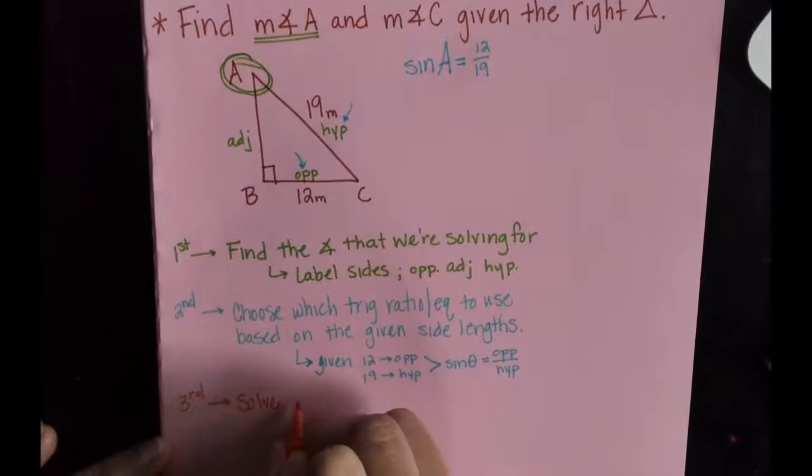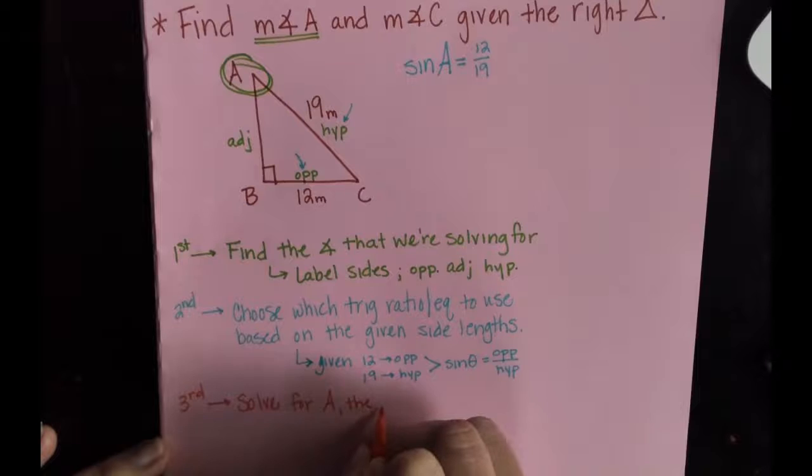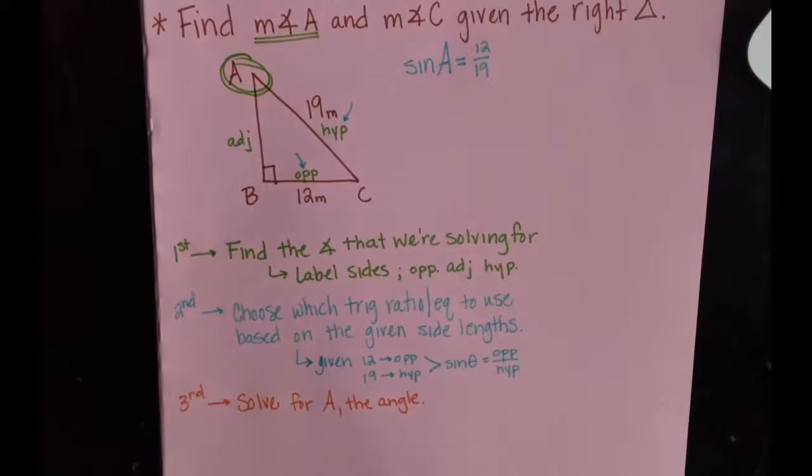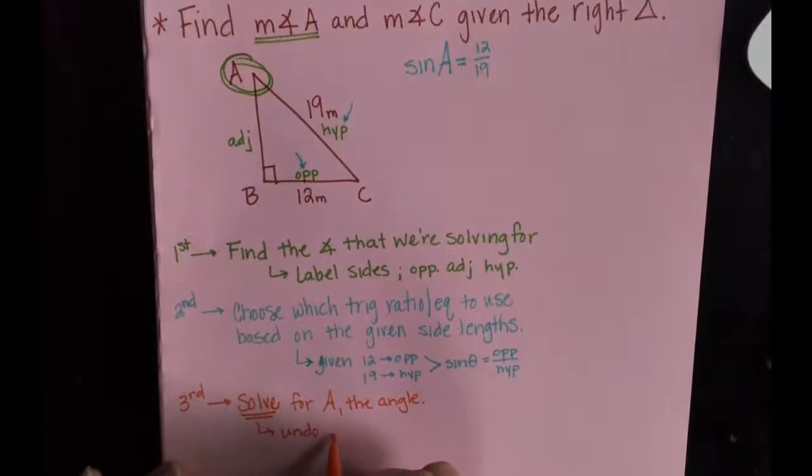So we want to solve for A, the angle. Okay, we want to solve for A, which means when we solve, we have to undo an operation.